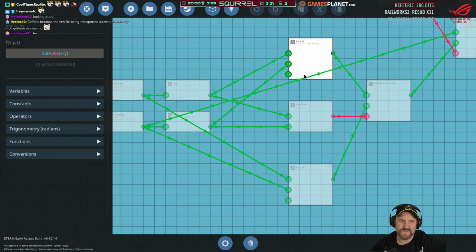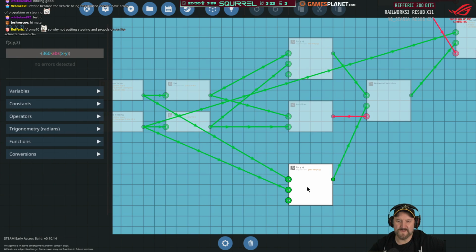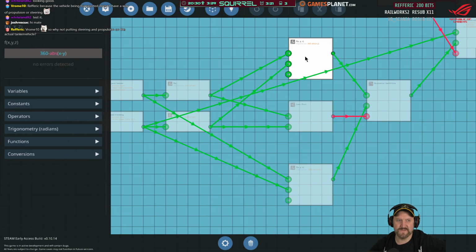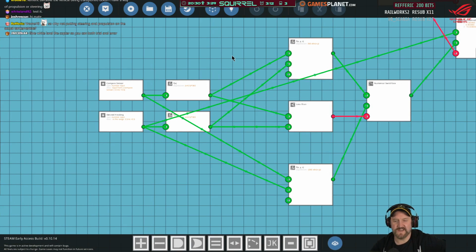So you're saying 360 minus the delta versus... That's crazy. This one is always going to be less than this one, isn't it? I don't see how sticking a negative on the front fixes that.